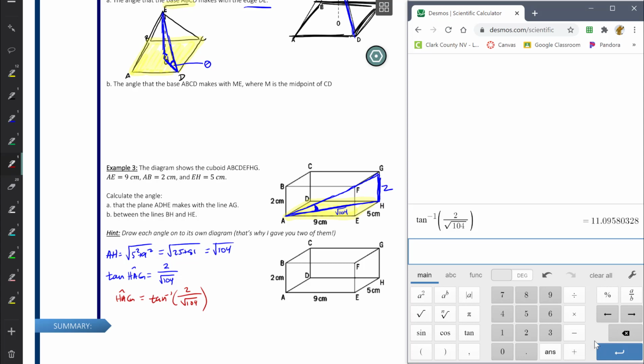There we get our solution. It's going to be 11.095... but we know that that is going to be just approximately 11.1 degrees to 3 significant figures.